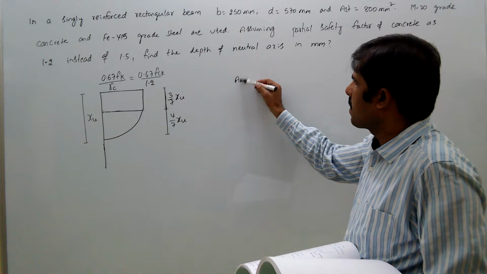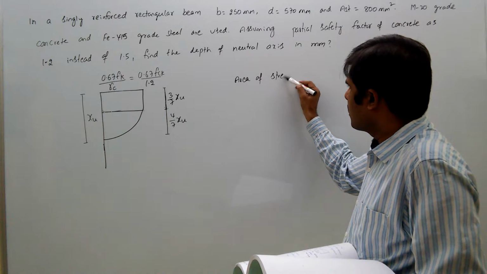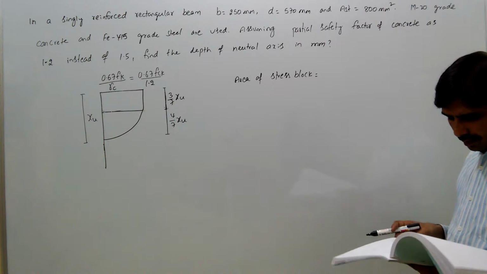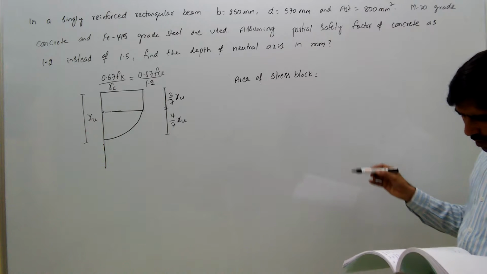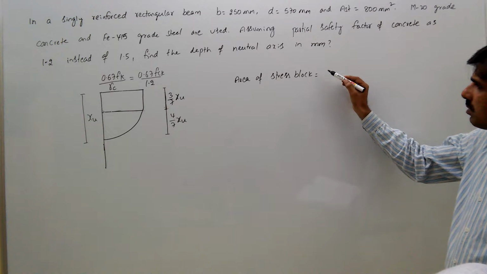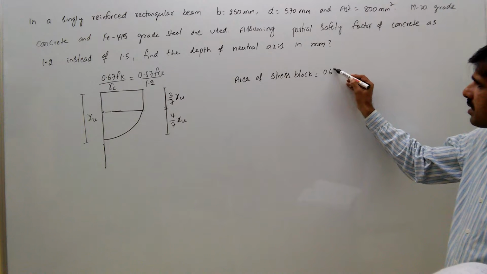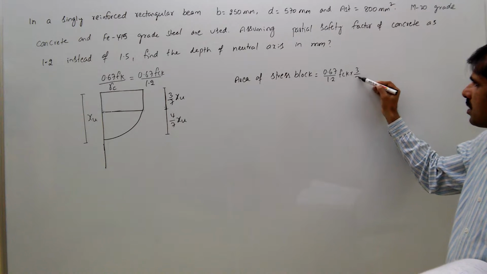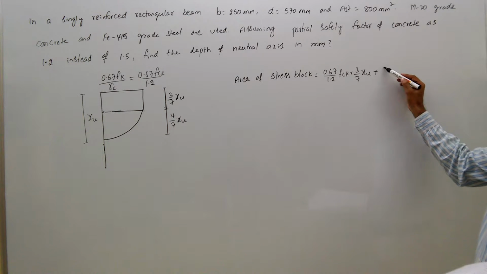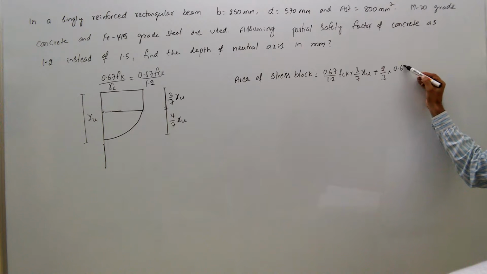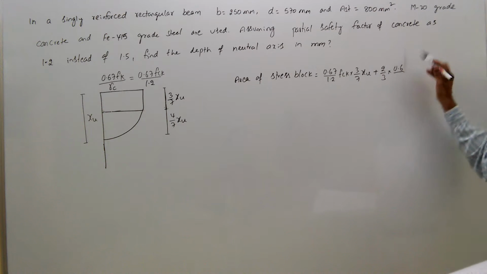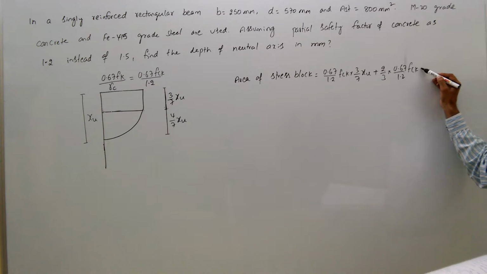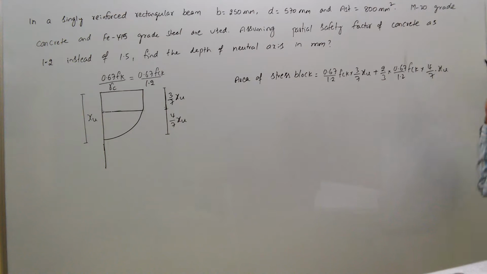Now area of stress block equal to rectangular portion first 0.67 by 1.2 FCK into 3/7 of XU plus 2/3 of 0.67 by 1.2 FCK into 4/7 of XU.